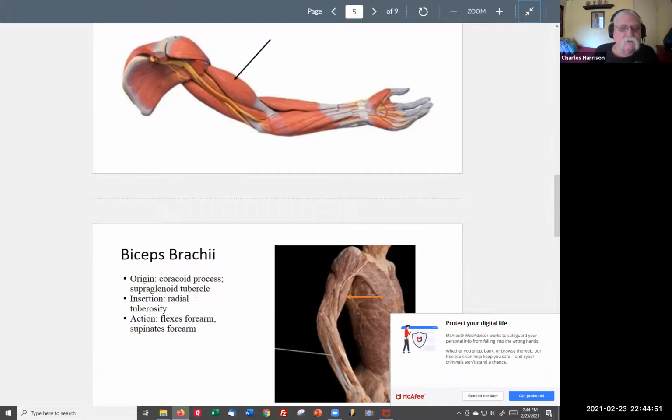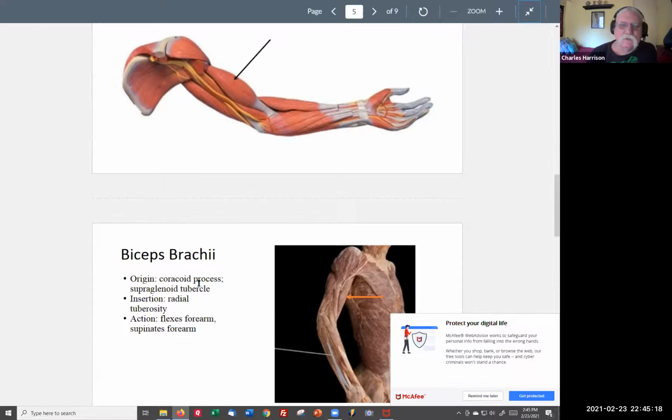And so I'm acting as though you can see me, but you can't. If you can look at the action, it flexes the forearm. Well, how does that happen? You've got your origin up at the shoulder blade, and your insertion is the radial tuberosity.